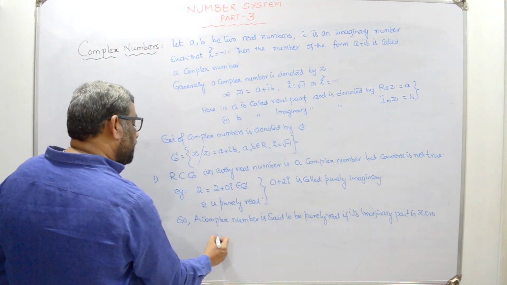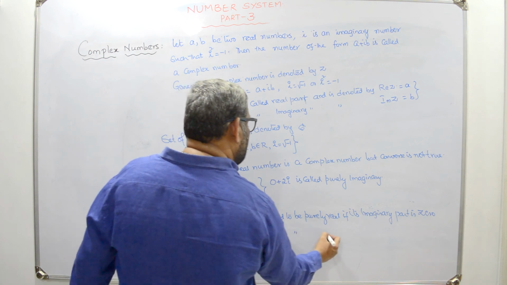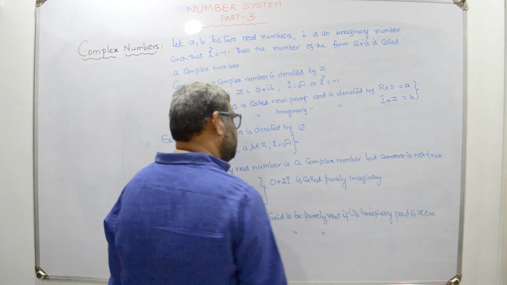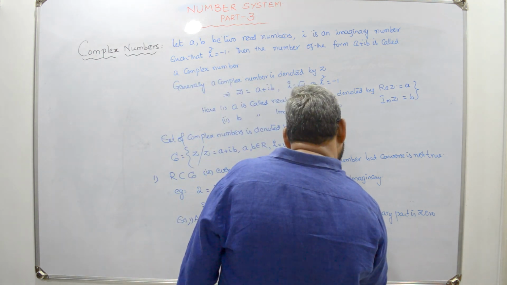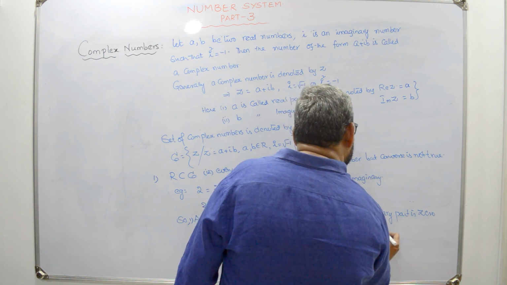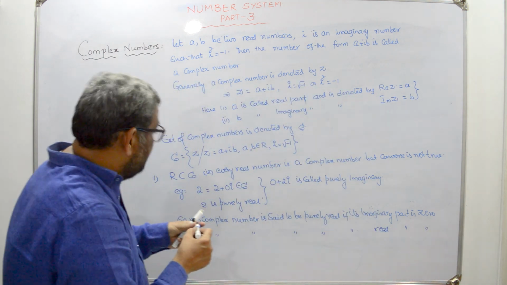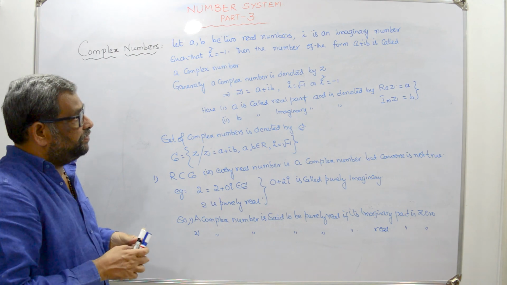A complex number is said to be purely imaginary if its real part is 0. So this is about the complex numbers. In detail you will discuss in the chapter of complex numbers.